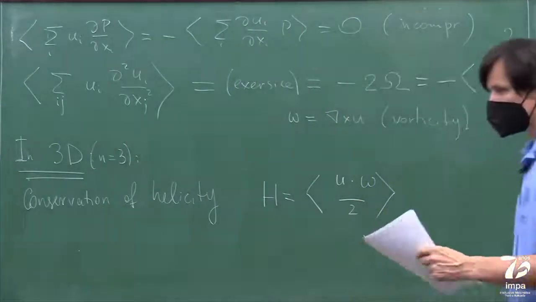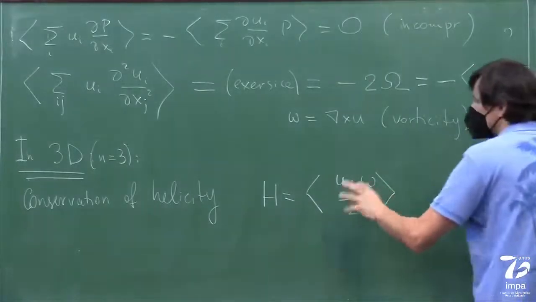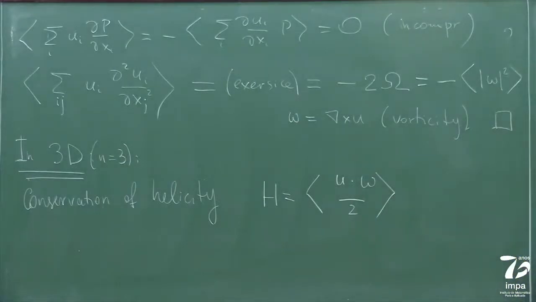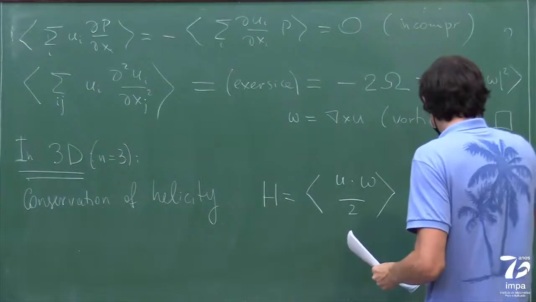And actually, it has to do with topology. In fact, you can connect this property with some topological conservation, which somehow conserves knottedness, the degree of knottedness.